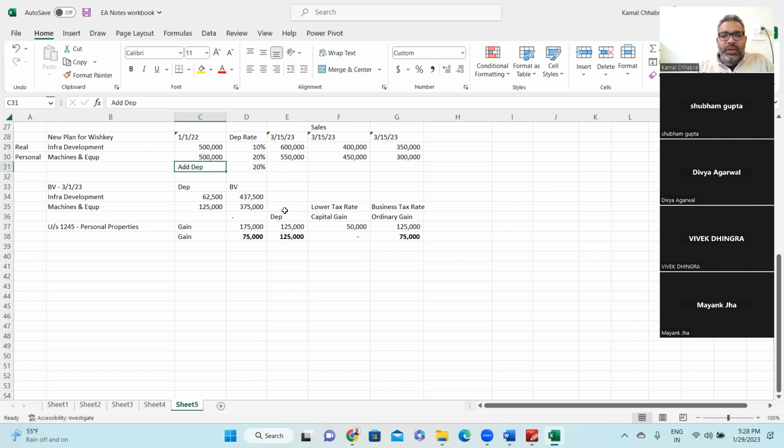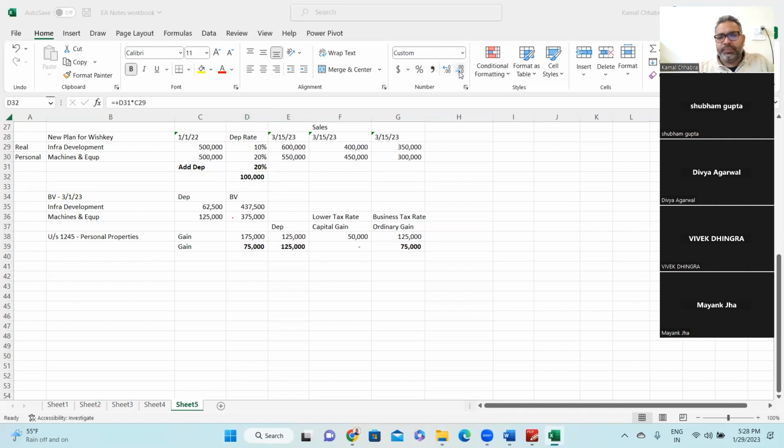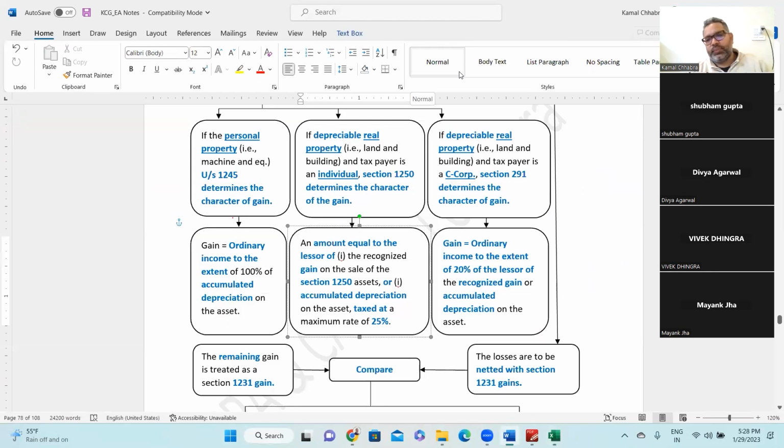So let's assume accumulated additional depreciation is being allowed at 20%. So 20% additional depreciation, let's say you have taken, I'm just putting it here, multiplied by, let's assume this, like $100,000, right? So now look at this one, third box.